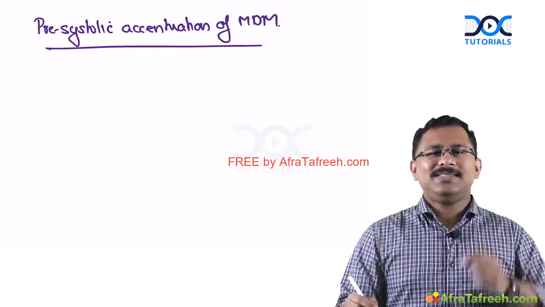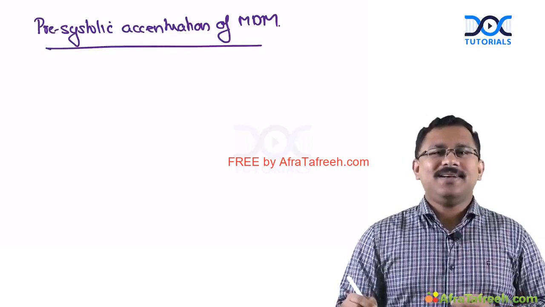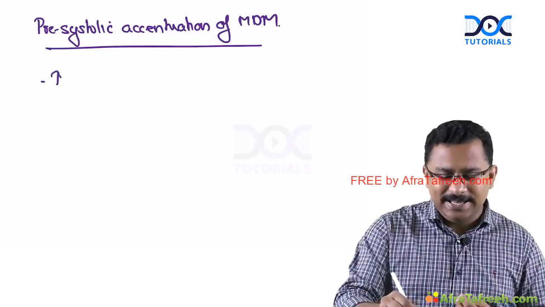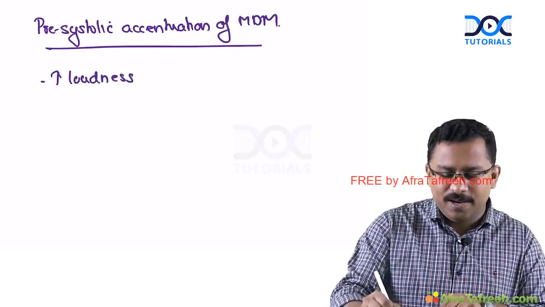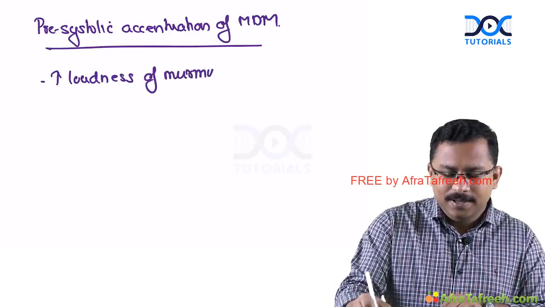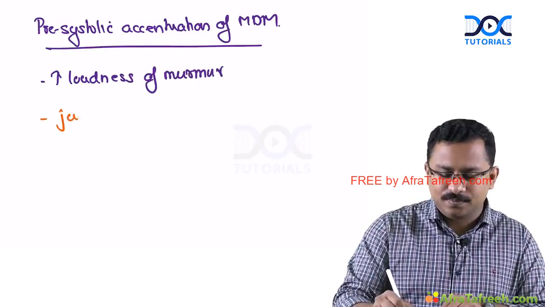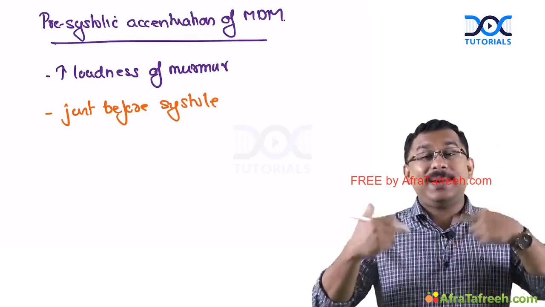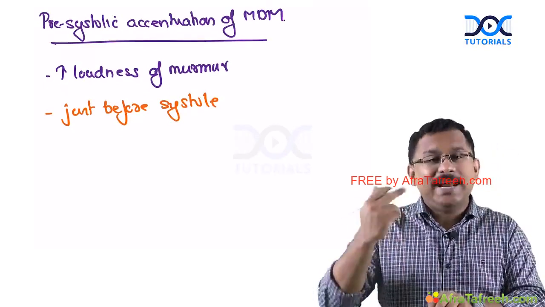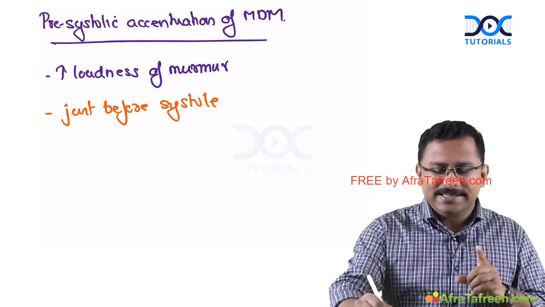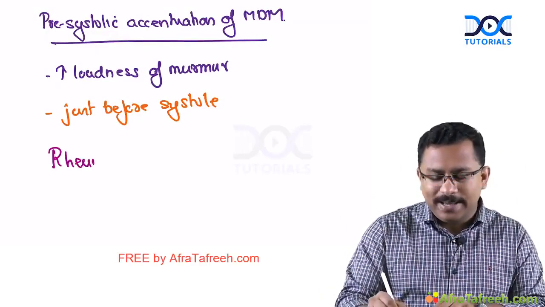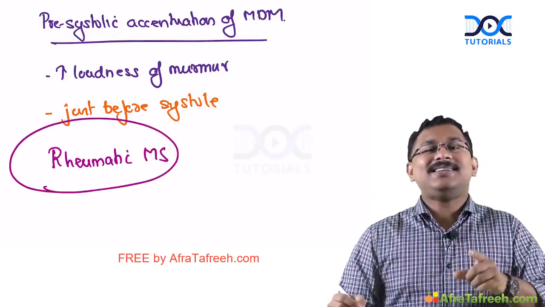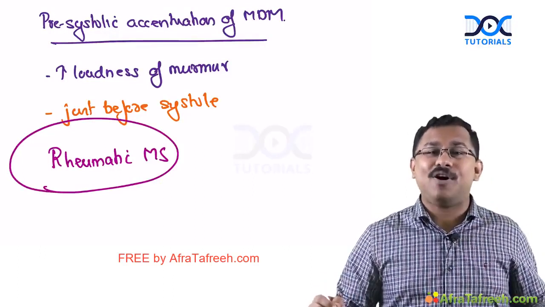It means that just before the systole, there is an increase in the loudness of the murmur, which is why it is called a pre-systolic accentuation. Now this pre-systolic accentuation is actually a feature of rheumatic MS.